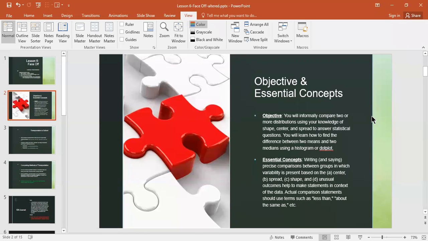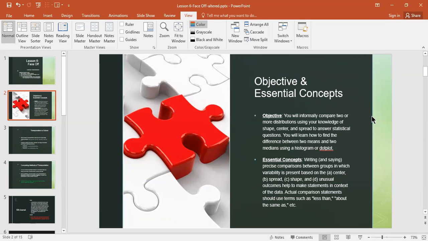So our objective is that you will informally compare two or more distributions using your knowledge of shape, center, and spread to answer statistical questions.